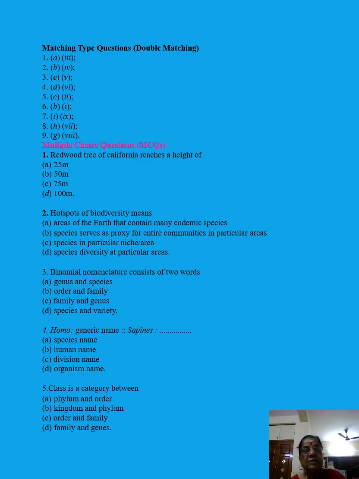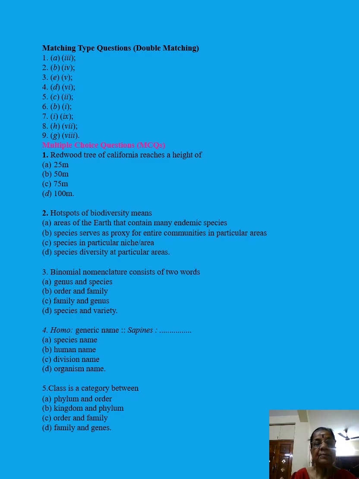ஓகே, the next one, multiple choice. Redwood tree, ஆன்சர் D, 100 meters. நோட் பண்ணிக்கோ ஆன்சர்ஸ். Redwood tree of California reaches the height of 100 meters. Then hotspots of diversity means areas of earth that contain many endemic species.